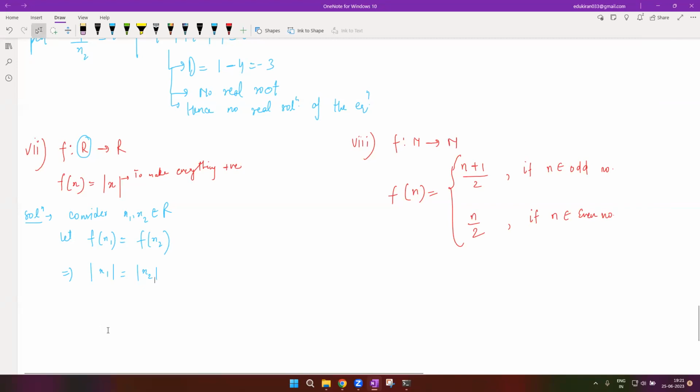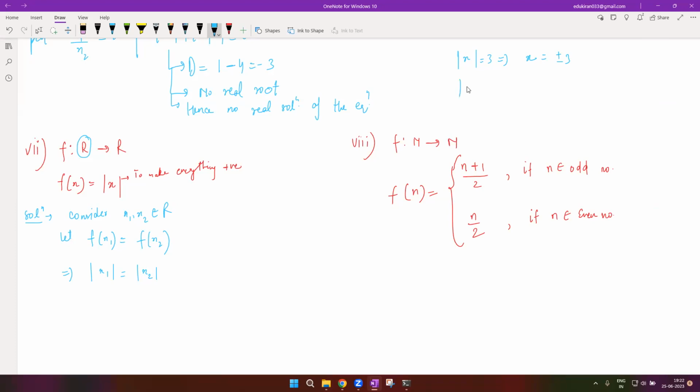Let's say it is written that mod x is 3. So what you can do is you can remove mod and you can apply plus minus to the other side. One way to solve is this, but this is not considered a good way.